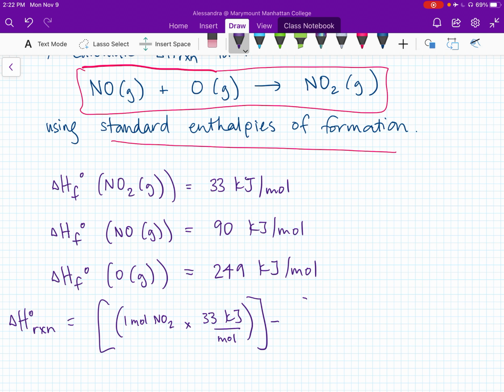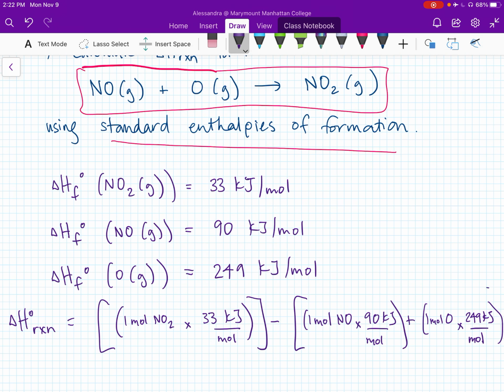And I'm going to subtract the reactants. So I have 1 mole of NO times 90 kilojoules per mole, plus 1 mole of O times 249 kilojoules per mole.